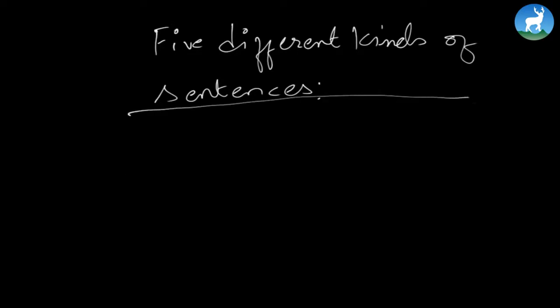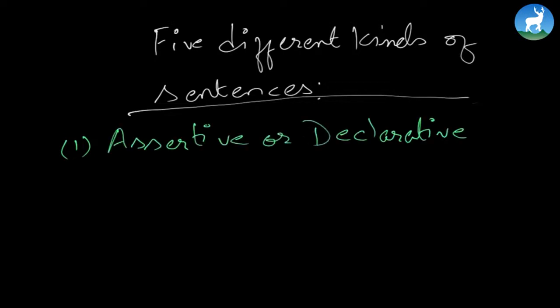It will help us understand the grammar portion later, and it is very important to know these 5 different kinds of sentences. The first one is assertive or declarative sentences. What do you think assertive or declarative sentences are?